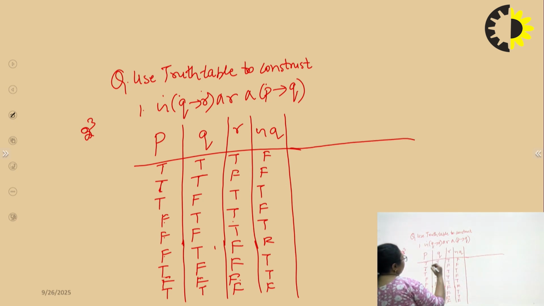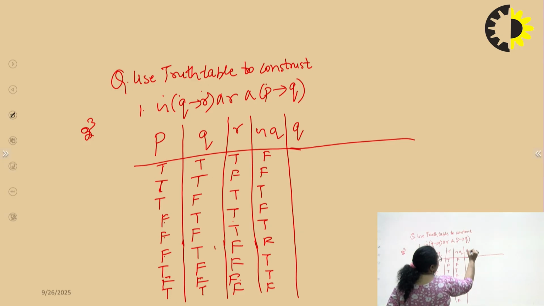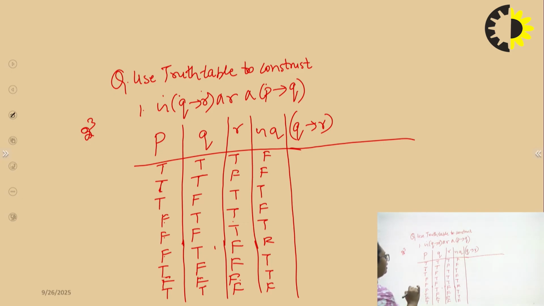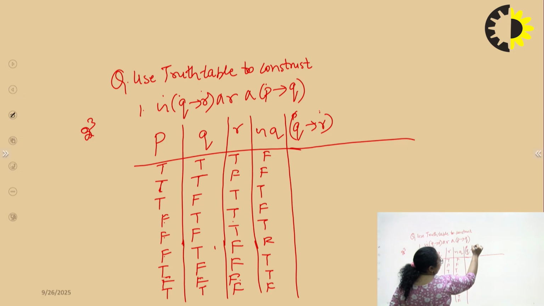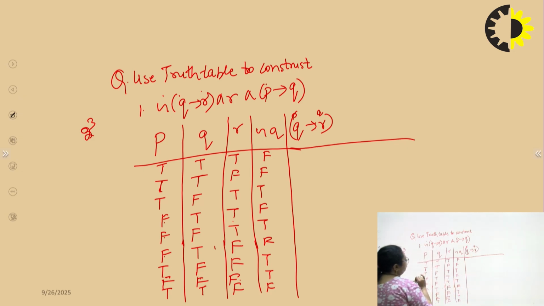So we will calculate Q implies R. Q implies R says it will be only false when the first is true and the second is false. So here the first is Q and the second is R. So look for the cases where Q is true and R is false.